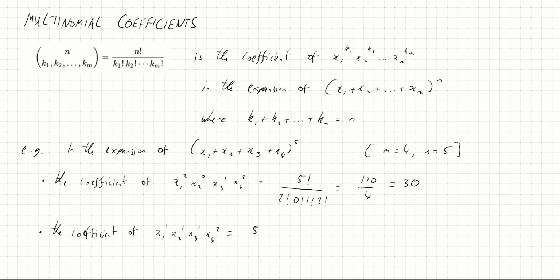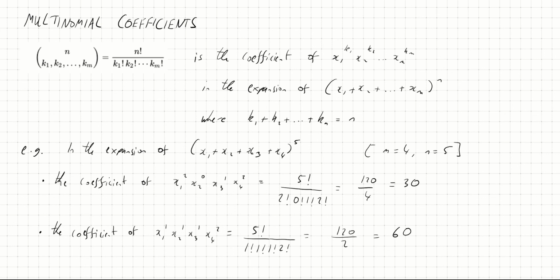This is 5 factorial, that's my n factorial, divided by 1 factorial, 1 factorial, 1 factorial, 2 factorial, which is the same again, 120 on top, and now at the bottom this is just 2. So my coefficient here is 60. Okay, so that's the definition of the multinomial coefficient.